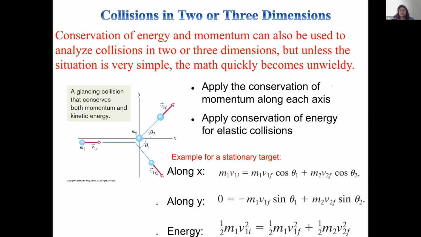Now I know that in your class you are probably not doing much about two-dimensional and three-dimensional collisions, but at least to get an idea, your collisions will not always be one-dimensional. That means if these objects collide with each other, it is not always in one dimension. This object may decide to go in this direction, and this object will decide to go in this direction. That will be a two-dimensional problem, right?